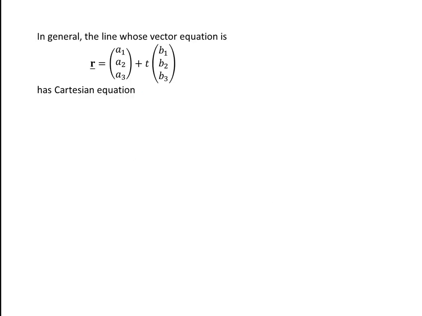In general, the line whose vector equation is r equals (a1, a2, a3) plus t times (b1, b2, b3) has Cartesian equation (x minus a1)/b1 equals (y minus a2)/b2 equals (z minus a3)/b3, and each of those values is actually equal to the number t in the vector equation.